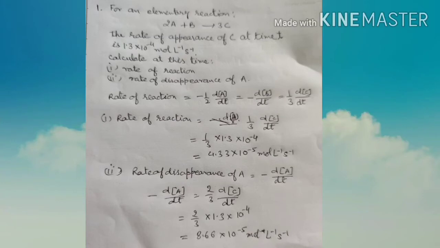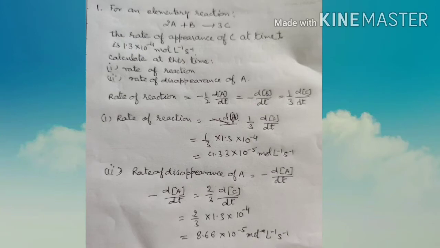Now rate of reaction is equal to 1/3 dC/dt. This is equal to 1/3 × 1.3 × 10^-4. So it is equal to 4.33 × 10^-5 mol per liter per second.